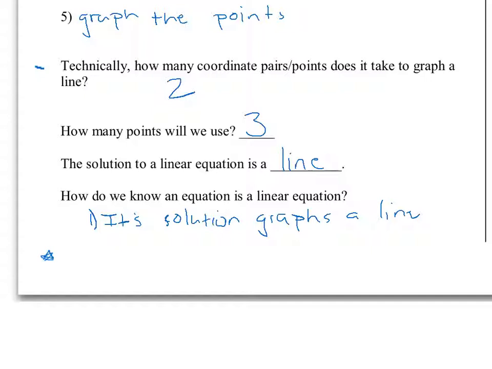So one way is to just look at an equation and say, I know that's a linear equation. A linear equation will always have an x and a y and no exponents.